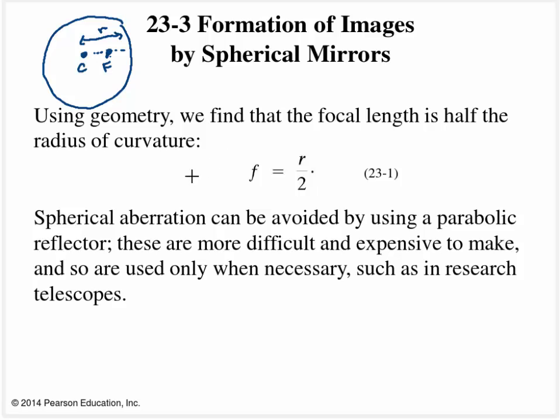Now, as you can imagine, as we vary the radius of curvature, we're going to vary the focus. Taking a look at the diagram up here, geometry will tell you that the focal length is simply going to be half of the radius of curvature. So if you increase the radius of curvature, you're making a larger focal length.